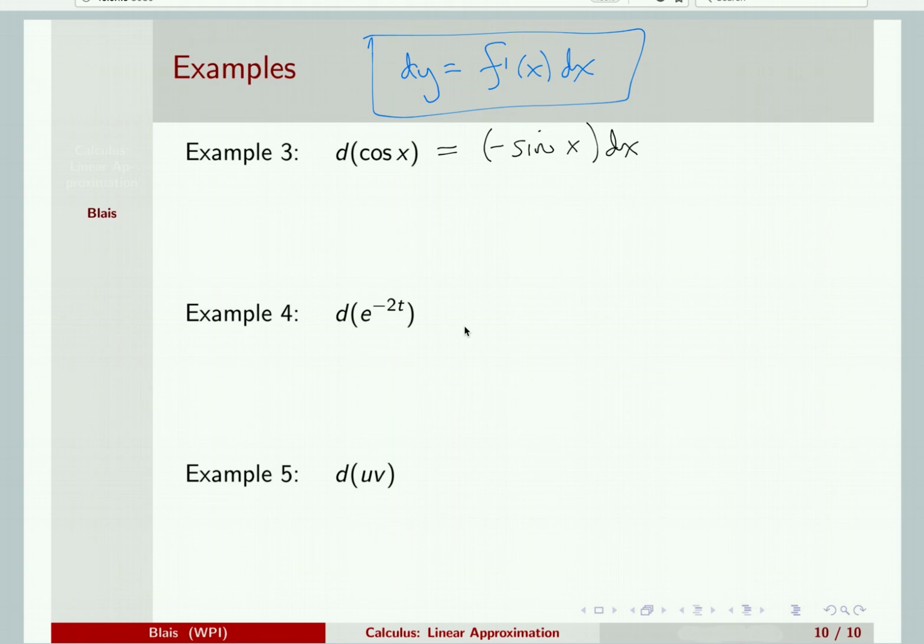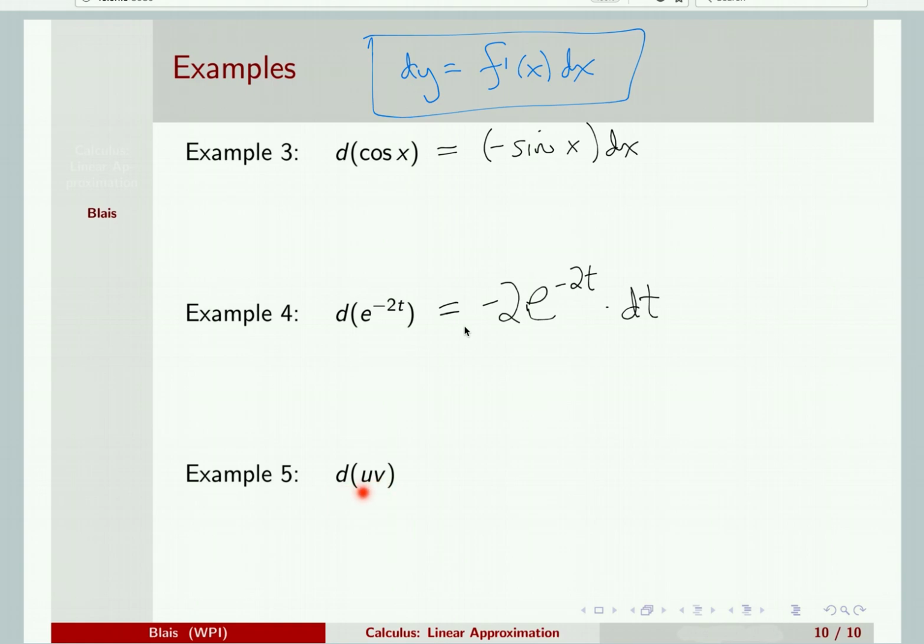And when we're asked to calculate a differential, this is what we use. So think of dividing both sides by dx. Here, this differential, we use our differentiation rules. The derivative of e to the minus 2t with respect to t would be e to the minus 2t. That's the derivative of the outer function, leaving the inner function alone, times the derivative of the inner function, which is minus 2. And then we have our dt.